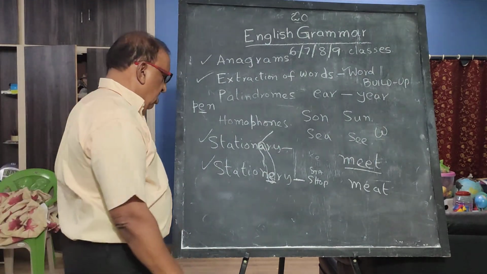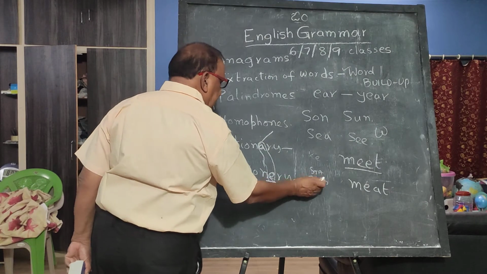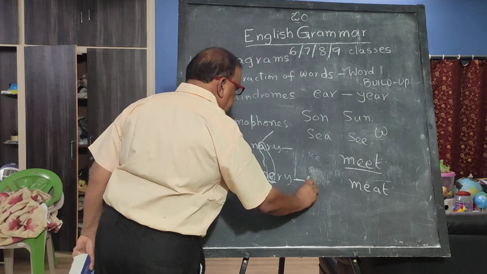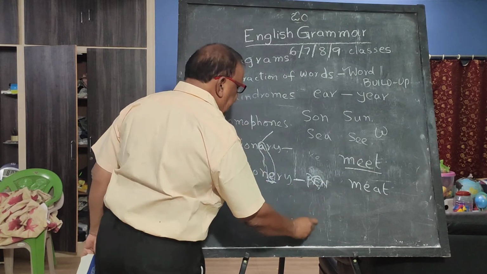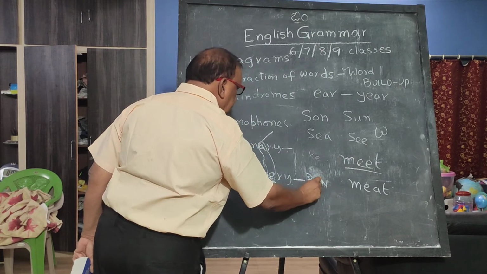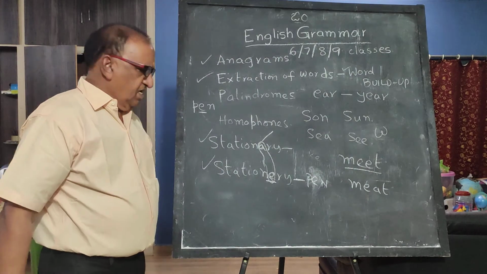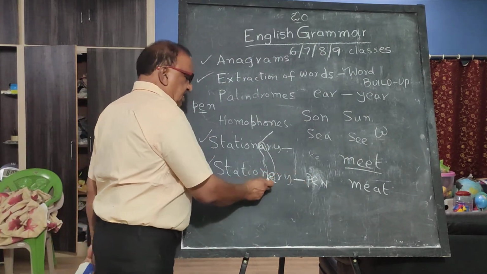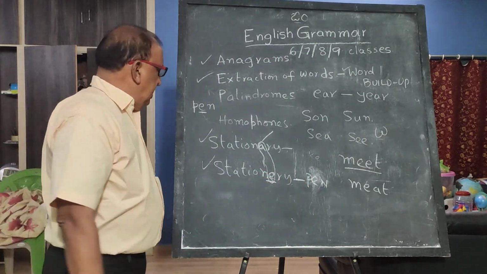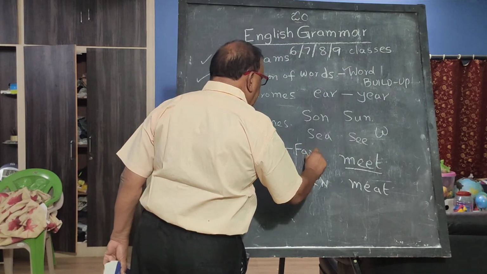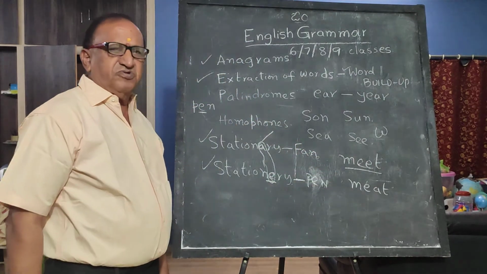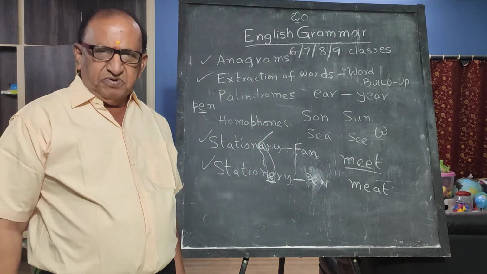You understand me? How do you remember stationery? Stationery, I will say stationery pen. That means in the word pen, the middle letter is E. So that means this is E. So for this, what do you do? Stationary, I will say stationary fan. The fan is not rotating. Fan is supposed to move.